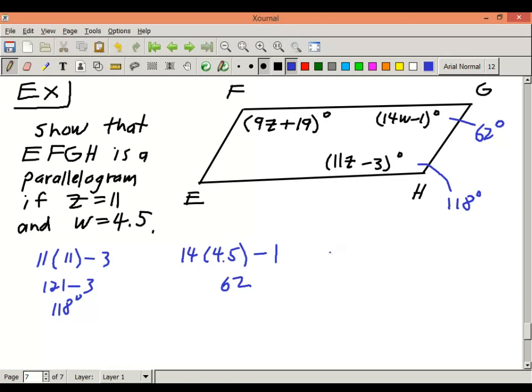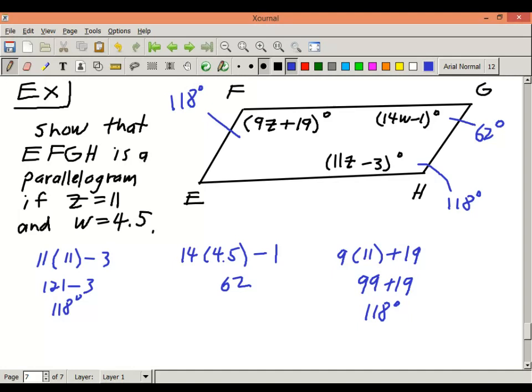And let's find angle F. So we got 9 times z, which is 11, plus 19. So we have 99 plus 19. That's going to be 118. So that angle is 118 degrees.